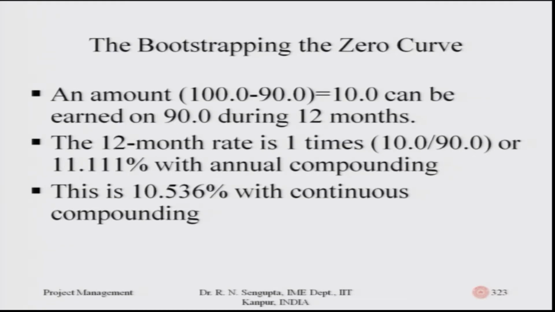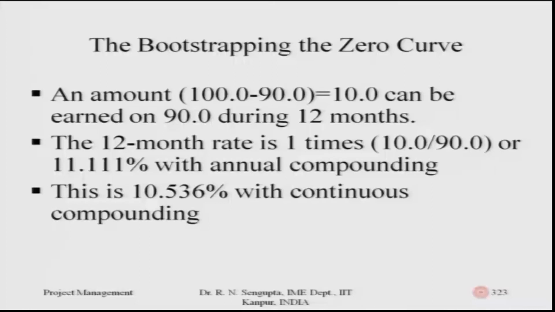For the third set of values given in that table, you earned 10 rupees or $10, whatever it is, based on the fact that for a face value of 100, 90 was the value invested. So, 10 can be earned on a value of 90, and the time duration is 1 year, which means the 12-month interest rate, because there is only one payment in 1 year, will be 1 multiplied by the ratio of the amount you are getting divided by the input price, the actual value you are investing.